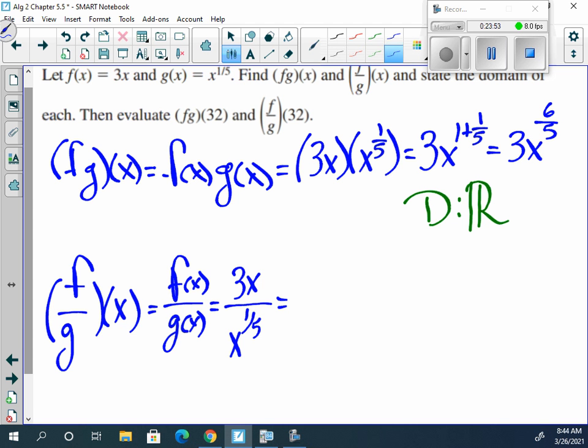Now, since we have x in the numerator and denominator, and they are like bases, we can subtract the exponents, which would be 1 minus 1/5. Yes, 4/5. If we're minusing, we're 1/5 less than a whole, and it would be 4/5. Any questions on these here? I know we went a little bit faster than the ones we did previously.